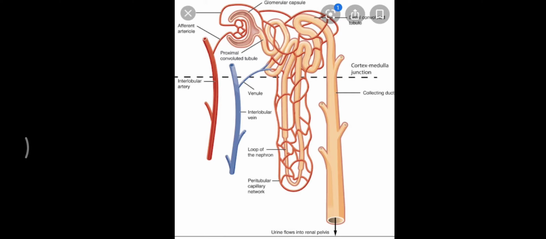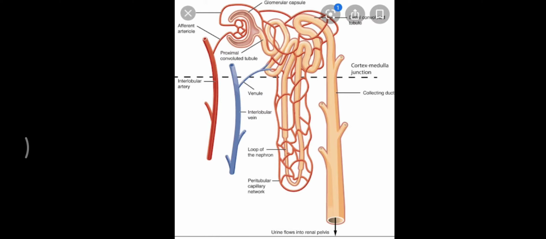Now let us come to the next part, the renal tubule. The first part of the renal tubule is the proximal convoluted tubule. It begins at the Bowman's capsule and is a short coiled tubular structure. Then the next is Henle's loop.